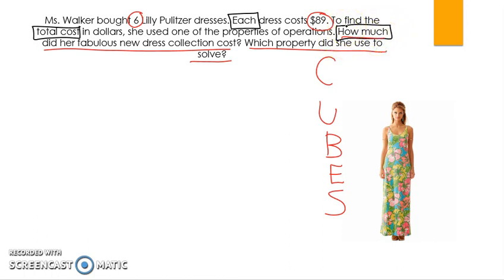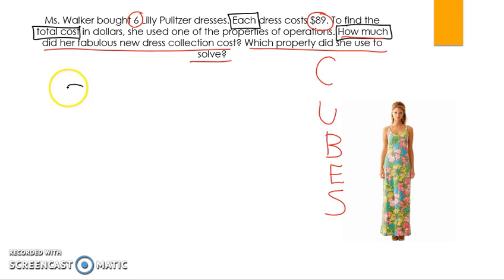So when we have the words each and we have a total, we know that we're going to be using a multiplication property. In this instance, because we have $89, it's going to be best for us to use the distributive property of multiplication to break apart that 89 into more workable numbers.